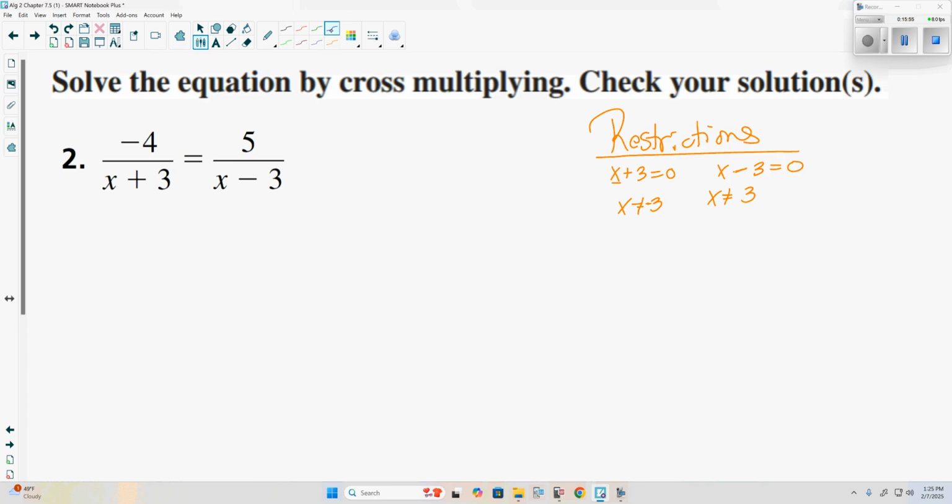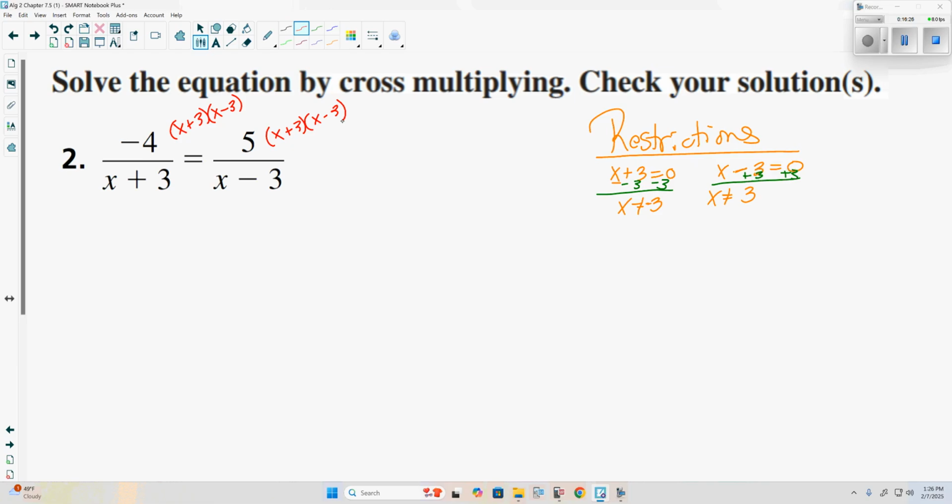I mean, we could have calculated this out. Least common denominator is what? X plus 3 and x minus 3. So we're going to multiply every term in this equation by x plus 3 and x minus 3.